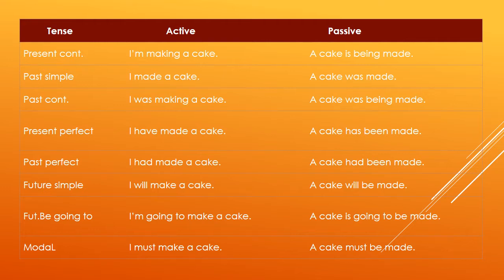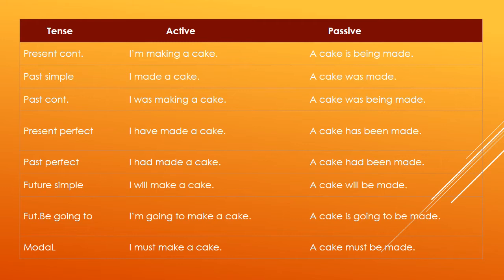In this case we have present continuous. I am making a cake. Changing into the passive can be a cake is being made. In the past simple, I made a cake, and in the passive voice is a cake was made. So if you see, the verb is changing according to the tense we want to use.